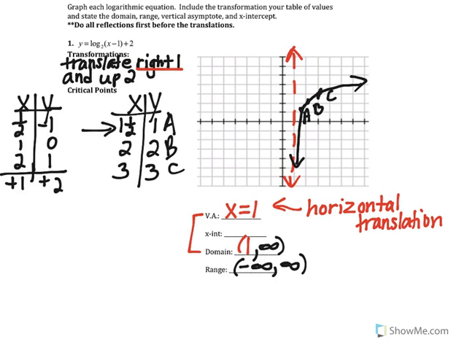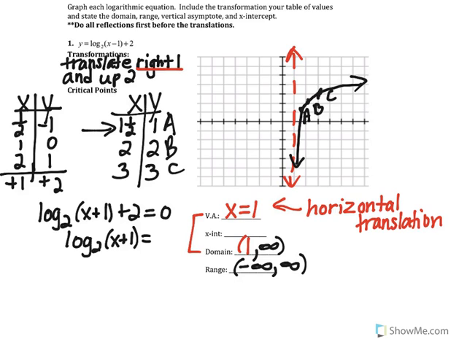The x-intercept is something we do have to find. So we're going to do log base 2 of x minus 1 plus 2 equals 0. Subtract the 2 from both sides, so we'll get this is equal to negative 2. Switch to exponential form to solve that, and calculate 2 to the negative 2. Oh, I put a plus 1 instead of a minus 1.